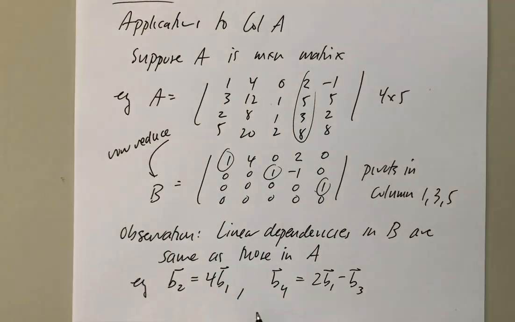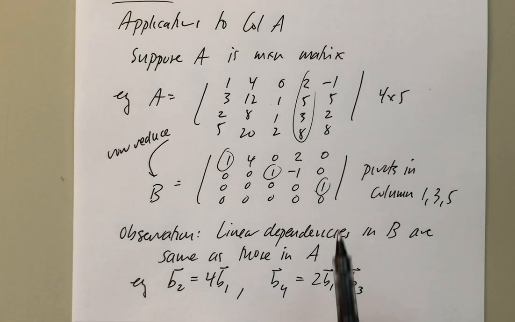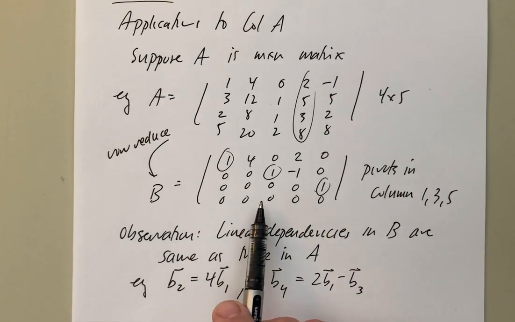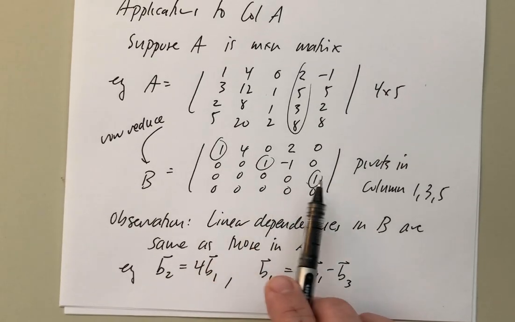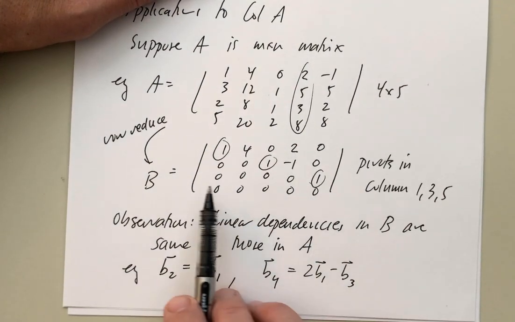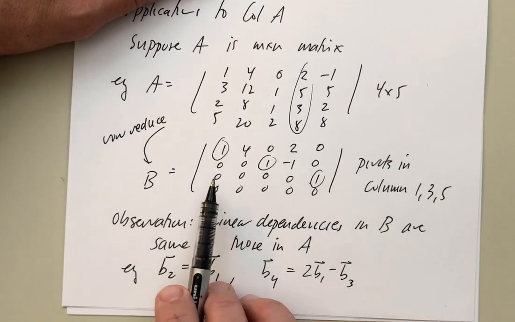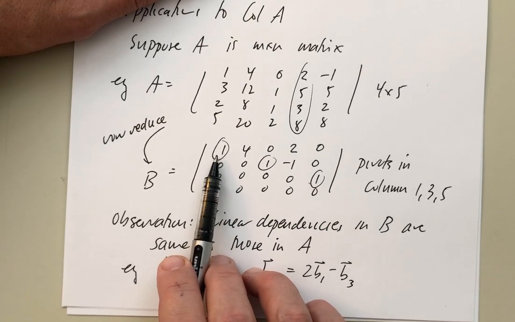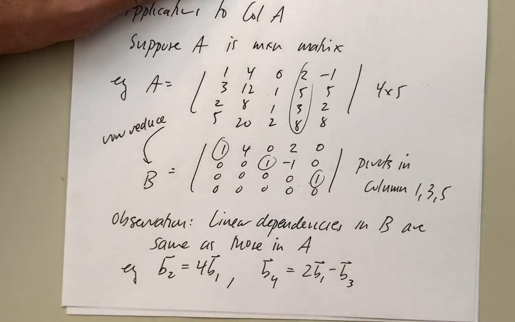And so that's pretty great for us, because if we want to know what's an independent set, well, that's going to correspond to an independent set of this reduced echelon form, and it's clear that the pivot columns are those. A maximally independent set would be the pivot columns here, because those are just zeros with a single one in some row that's different than the others.